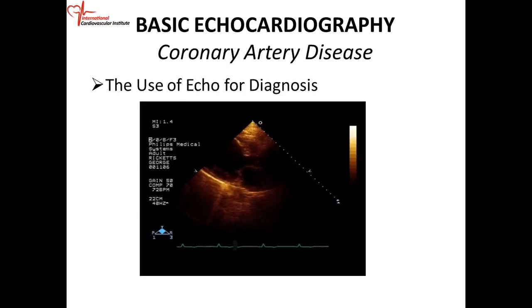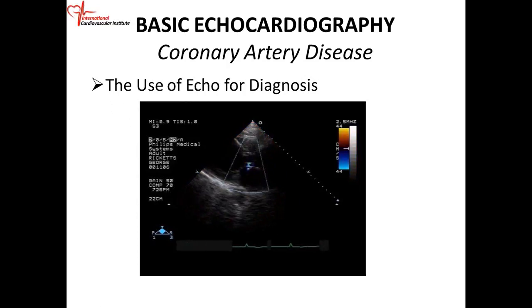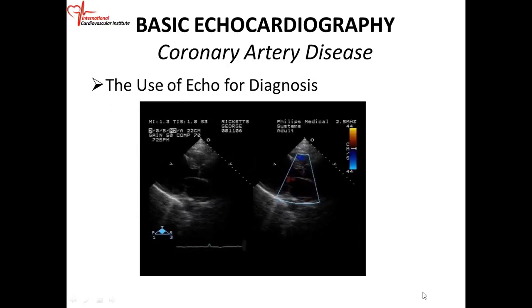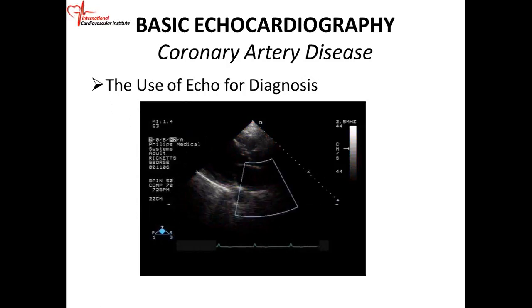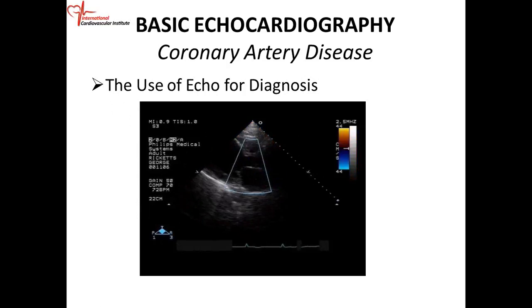So this is a patient with a reduced ejection fraction. Again, one of the most common causes for a reduced ejection fraction is coronary artery disease. Right away you would think coronary artery disease, blockage.